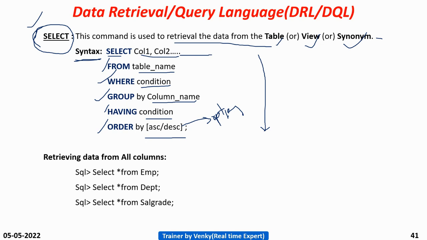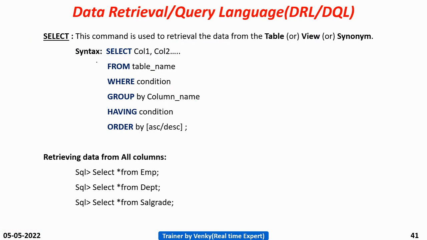For example, if you write select, then where, and then try to write the from clause, it cannot accept it. Select list of columns from table name, where condition, group by clause, having clause, order by clause.